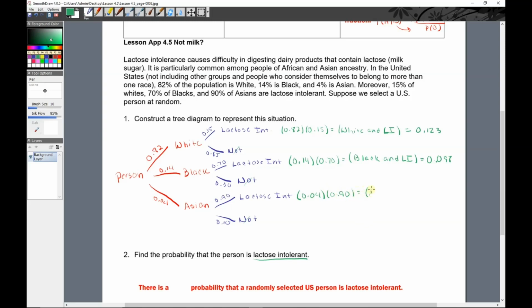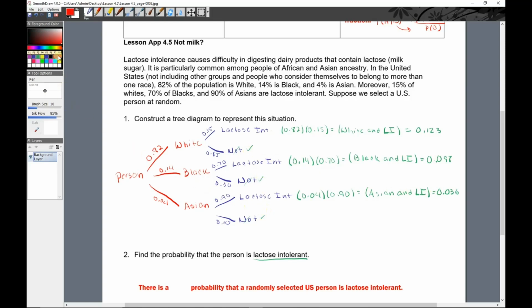And that again will be Asian and lactose intolerant, and that will be 0.036. So there are 3 ways you can be lactose intolerant. You can be white and lactose intolerant, black and lactose intolerant, Asian and lactose intolerant. These 3 products here will not add up to 1 because there are 3 other ones that I just did not do.